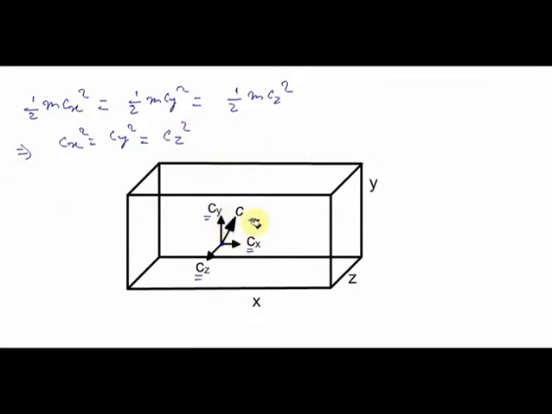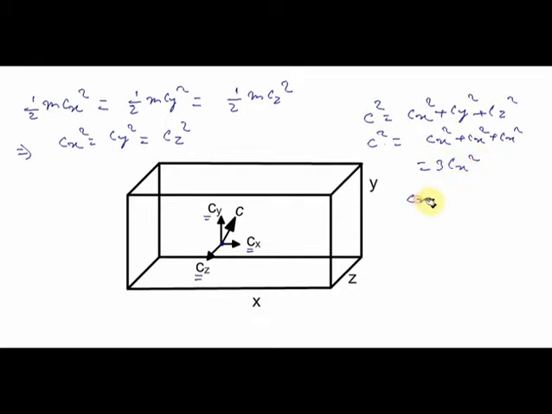Now the velocity of the molecule is C, where C square is equal to Cx square plus Cy square plus Cz square. Now Cx is equal to Cy is equal to Cz, so we can write that C square is equal to Cx square plus Cx square plus Cx square, or 3Cx square.